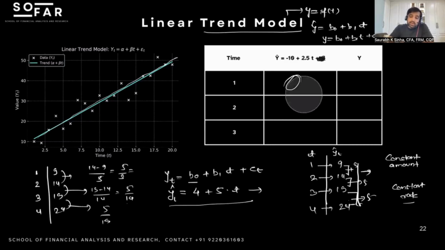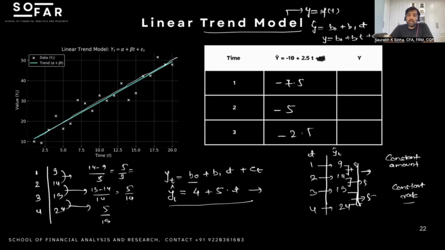So can you fill this value? What should be the value here? y hat is equal to minus 10 plus 2.5 into t, and time is 1. Then this value would be how much? Minus 7.5. For 2, the value would be minus 5, and then minus 2.5.